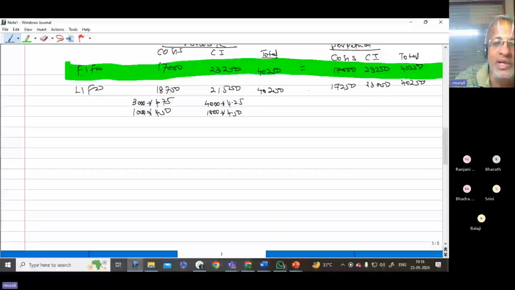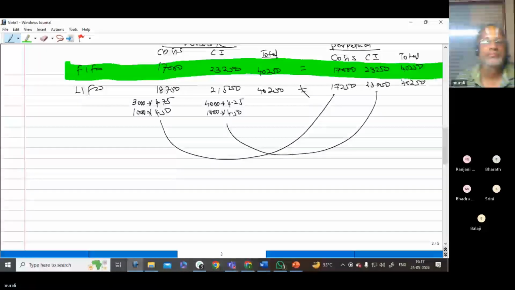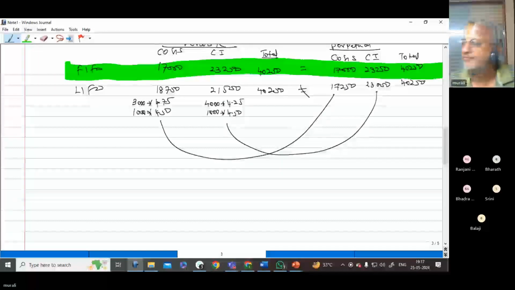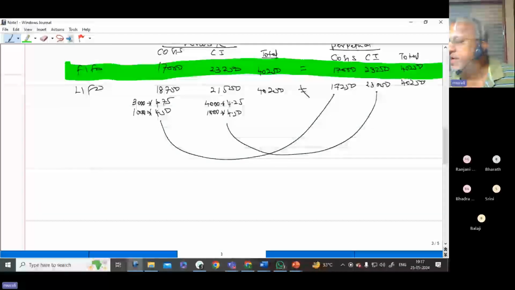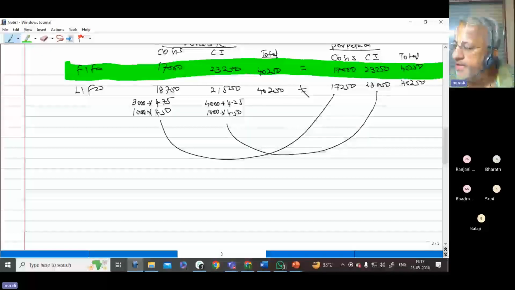So these are not equal; look at the numbers. They are not equal. So there can be a question that they will be asking: ending inventory and cost of goods sold are the same, whether a periodic or perpetual inventory system is used, applicable only for FIFO.